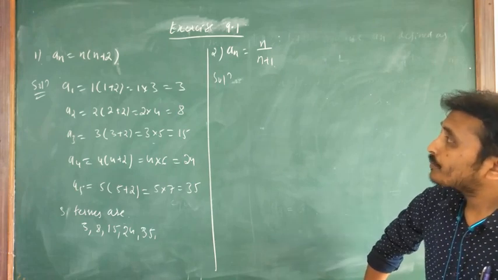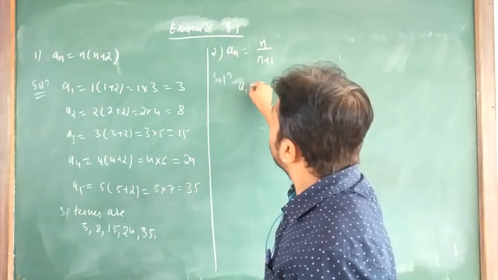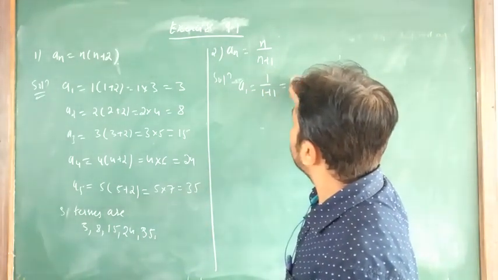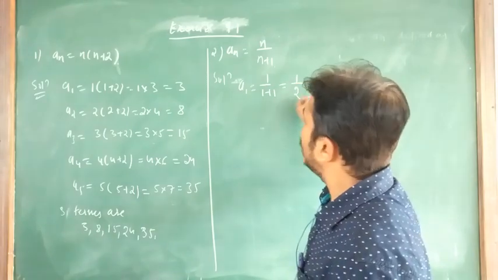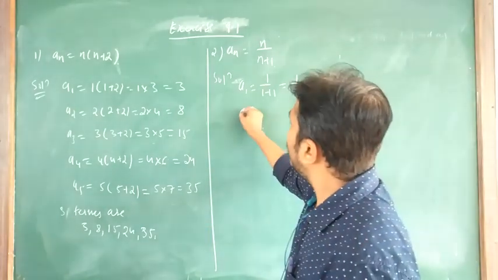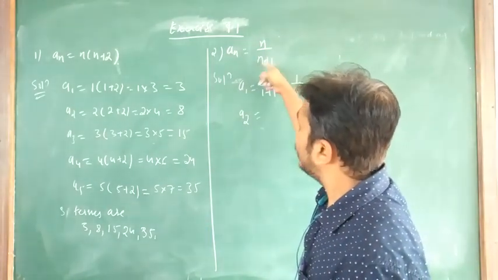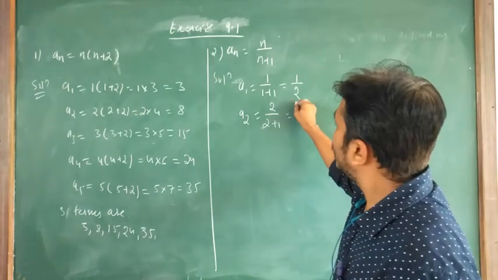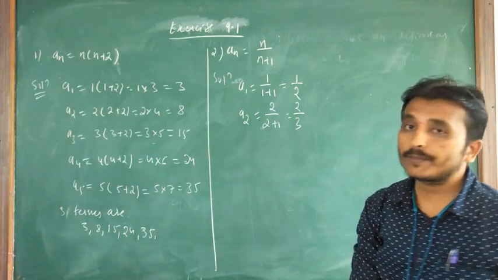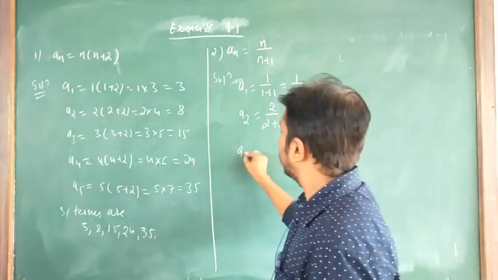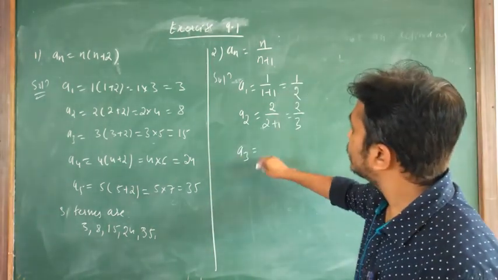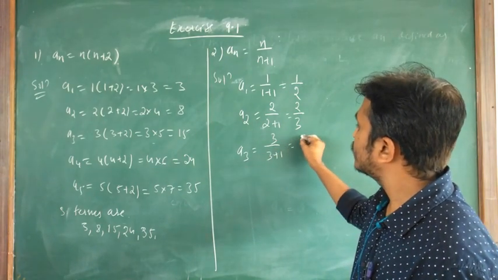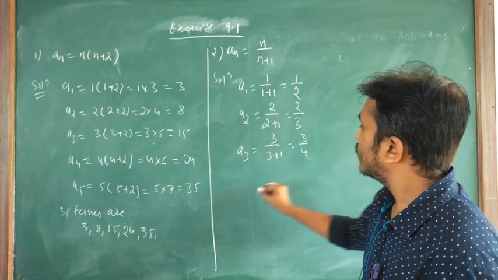A1, the first term, put n equals 1 here: 1 by 1 plus 1, which is 1 by 2. A2 equals 2 by 2 plus 1, which is 2 by 3. The third term is 3 by 3 plus 1, which is 3 by 4.